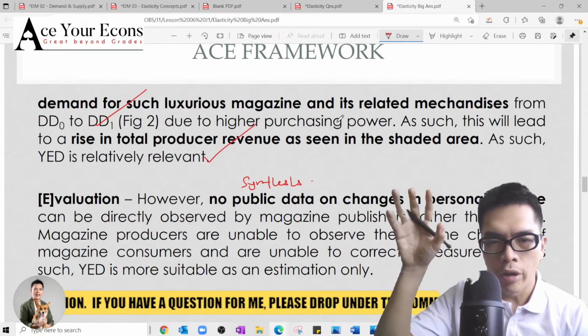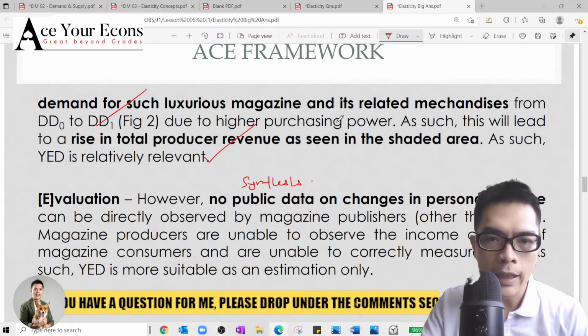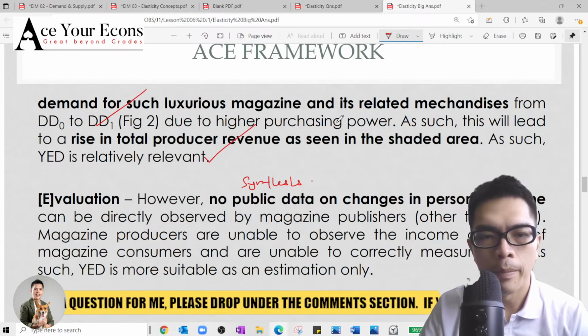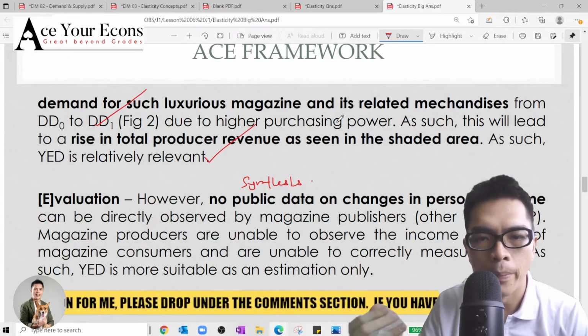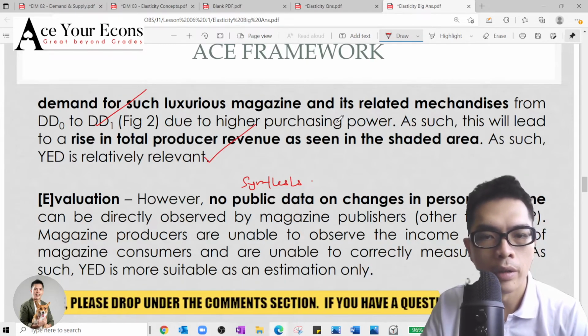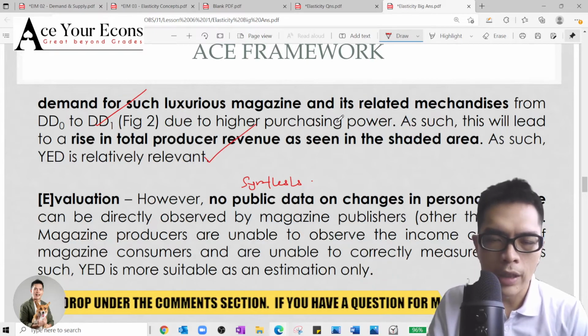So I'm showing you different ways to write an essay. When you critique early, you can score the evaluation brownie points. But on the flip side, if you're a slow writer, then you will possibly compromise on your body paragraph. You may not be able to finish your third point. So if you finish your 3 points, then you build a synthesis.